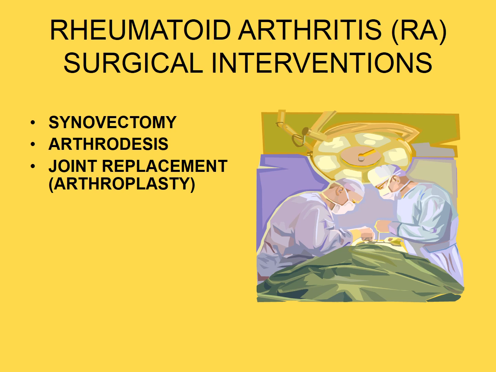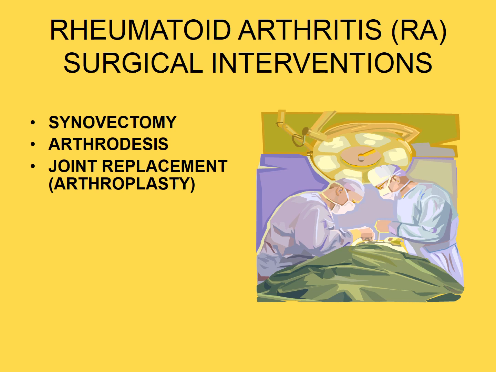So sometimes there's surgical intervention for rheumatoid arthritis: synovectomy, so removal of the synovia to help maintain joint function. They could do bone fusion of the joint to regain some mobility, arthrodesis, or joint replacement, arthroplasty.